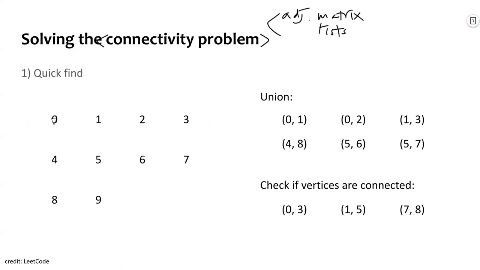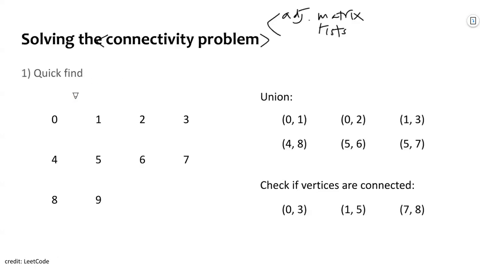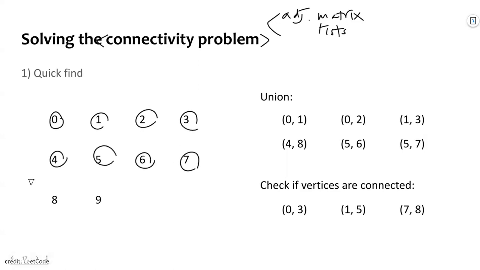So in the beginning, we are going to use the operation make set. Let's say we have 10 elements, 10 vertices, and we're going to make each one its own set. So we call make set for each element like this, and we end up with 10 disjoint sets.